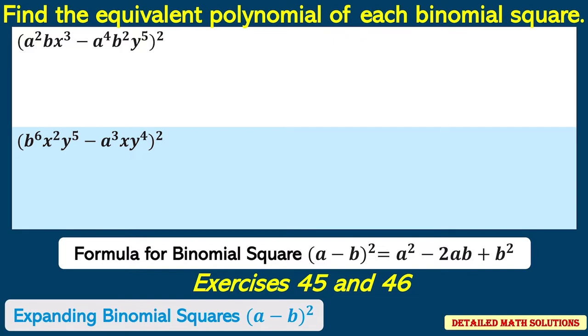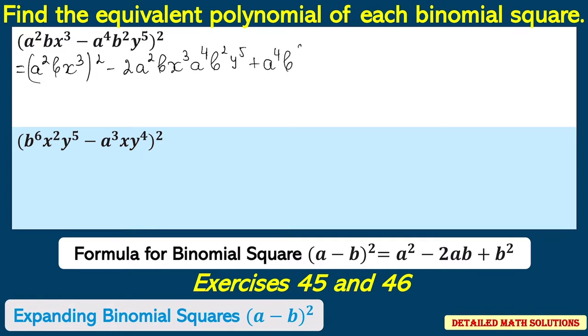When I apply the formula for the first binomial square, I get (a squared b x cubed) squared minus 2 times a squared b x cubed multiplied by a to the 4th power b squared y to the 5th power plus (a to the 4th power b squared y to the 5th power) squared.